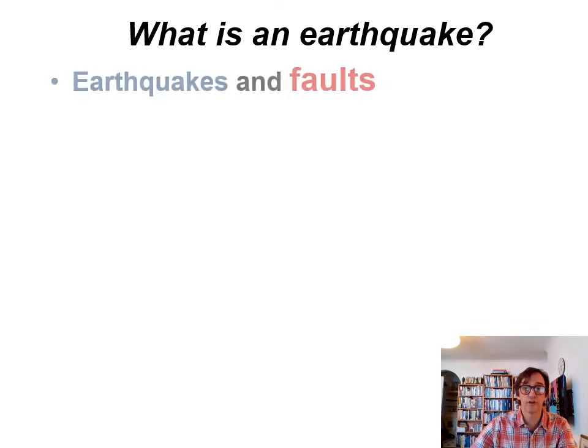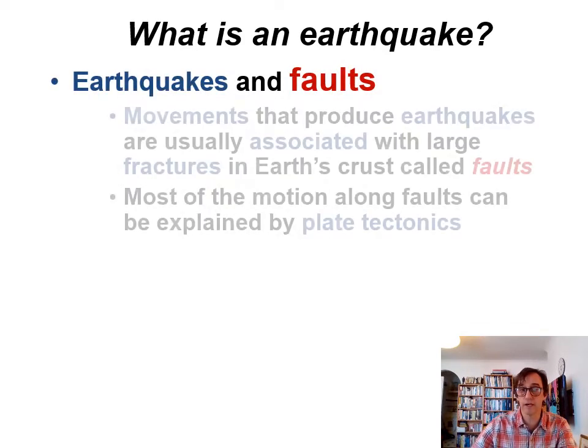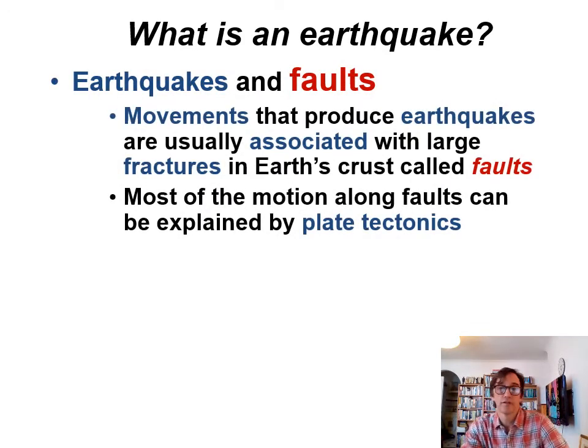Earthquakes, as I said, occur along these fault lines. Movements that produce earthquakes are usually associated with large fractures in the Earth's crust called faults. Most of the motion along faults can be explained by plate tectonics, either by compression or by extension, or sometimes by what are called transform faults, such as the famous one in the United States, the San Andreas fault.